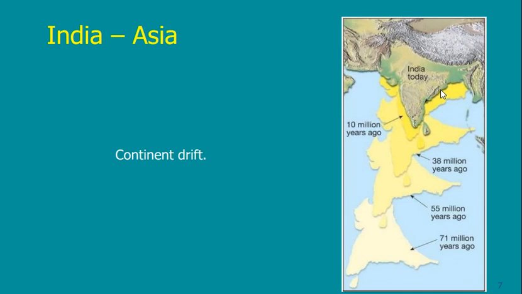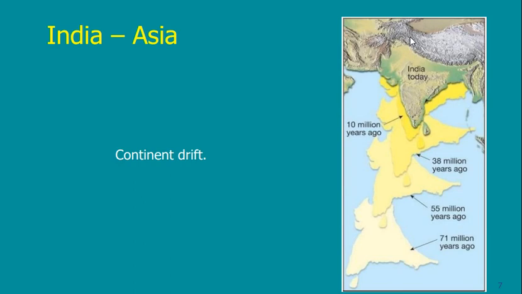When something is compressed horizontally, it expands vertically. That's why here you find the Himalaya mountains. It is the earth crust. It was thin earth crust, but after the collision, it expanded vertically. So that's why you find here very high mountains compared to other locations.